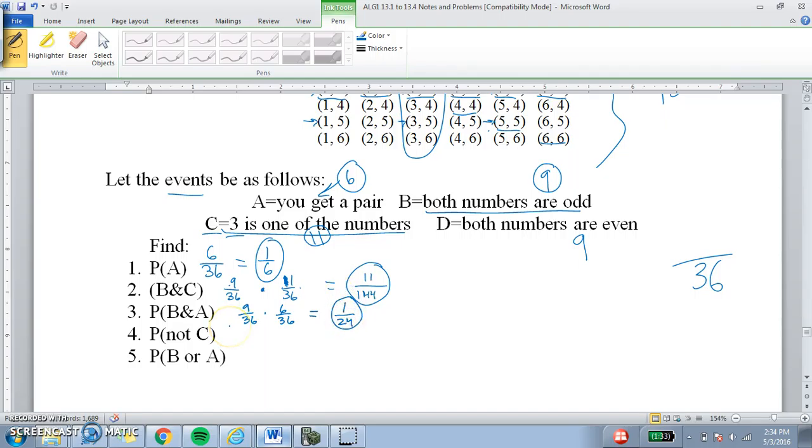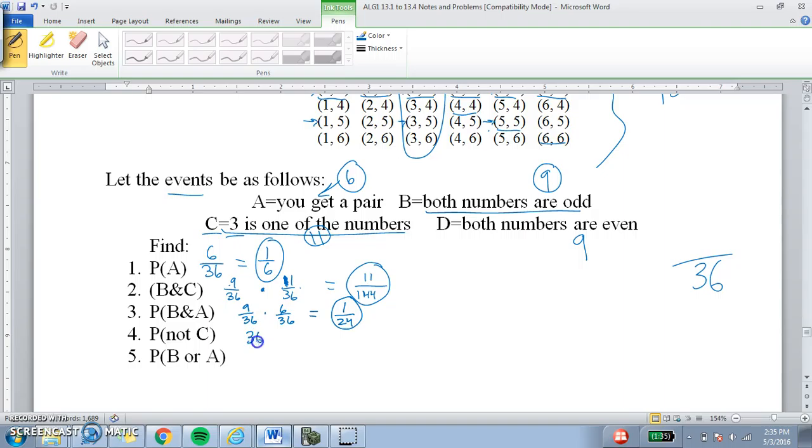All right, fourth one, probability of not C. So that means C does not happen. So 3 is not one of the numbers. Well, if the probability of C happening was 11 out of 36, then the probability of C not happening is whatever's left over after I take those 11 choices out of the 36 options.